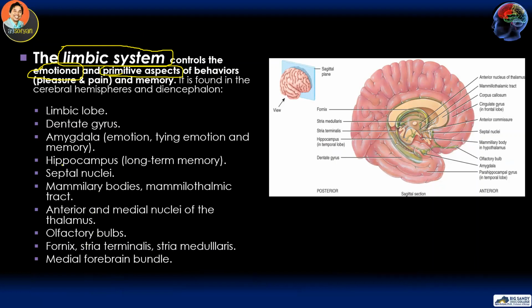In this area there is the hippocampus, which is good for long-term memory. There is another area called the amygdala, which also saves some memory related to emotion. So this is the area known as the emotional or primitive brain.